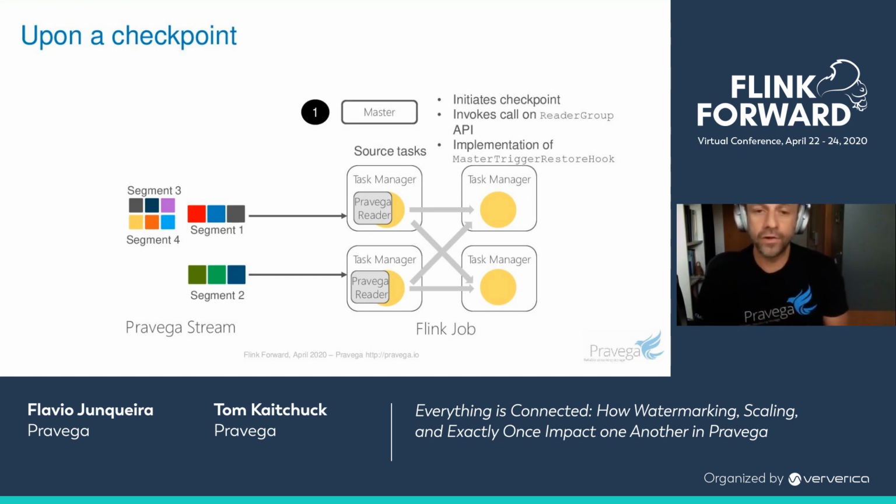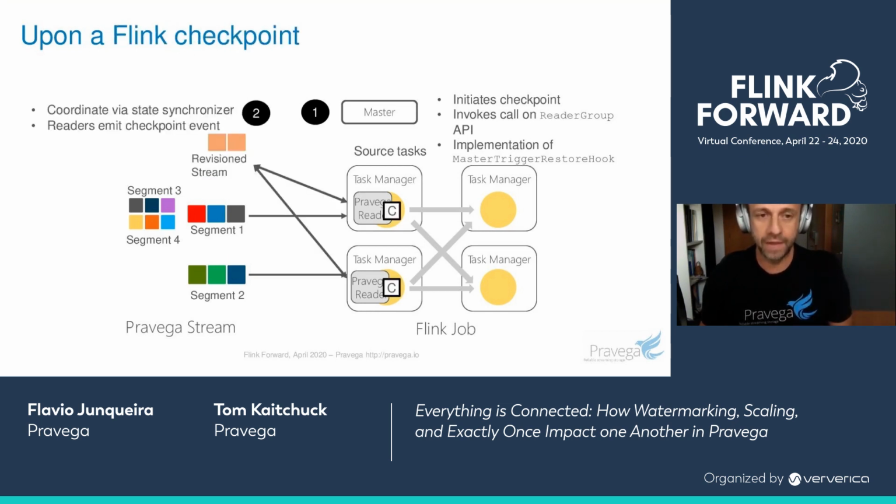So you make a call through the reader group API to request a checkpoint. That will trigger an execution internally that will be coordinated by the reader group. The readers will talk to each other and share state about where they are, and that will be used to determine the position that comes in the checkpoint.